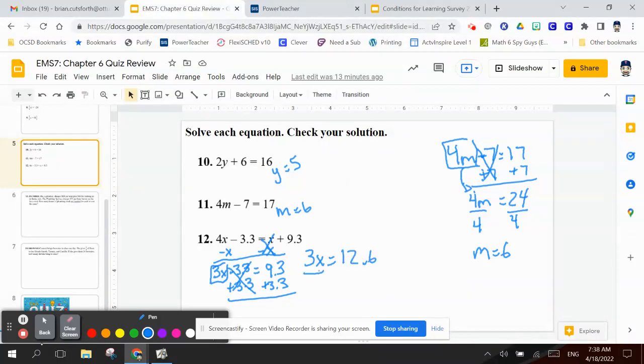So then I divide each of those by 3, by the coefficient. 3 divided by 3 is 1, so I'm left with x equals 4.2, 4 and 2/10.